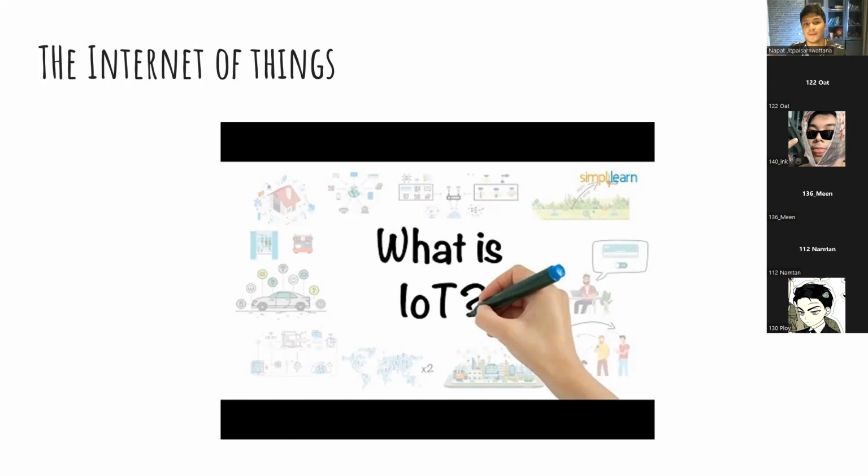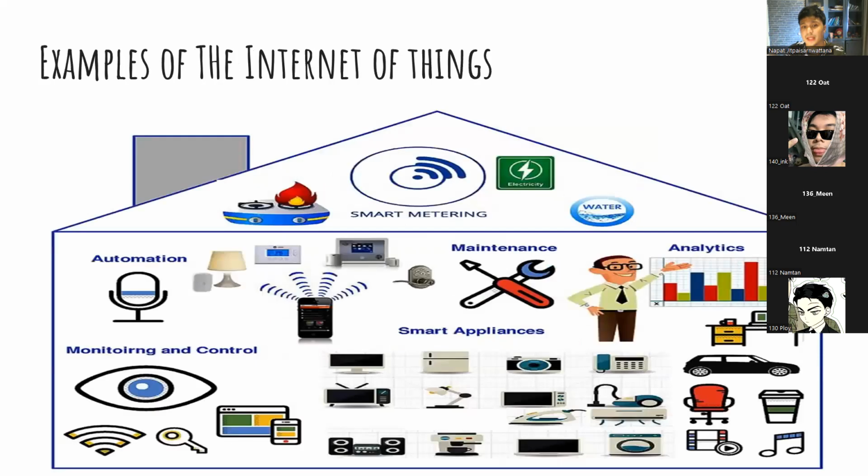What I'm trying to say is that the Internet of Things is now pretty much everywhere. That's one example, the smart home. When we look at many other things, we have been talking about the driverless car.